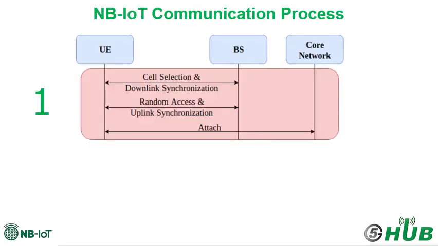To establish a connection, the device begins to scan the air interface for a suitable network to connect to and synchronize with it in the downlink direction, from the network to the device. Afterwards, the random access process is followed to gain synchronization in the uplink.